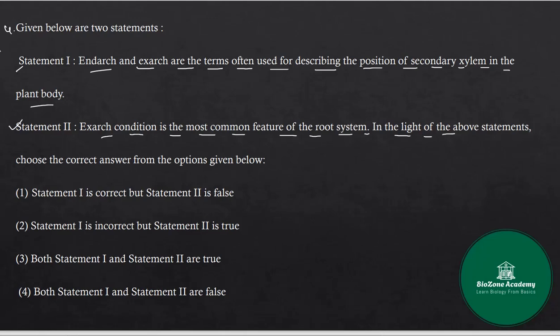In the light of the above statements, choose the correct answer from the options given below. Statement 1 is correct but statement 2 is false; statement 1 is incorrect but statement 2 is true; both statements 1 and 2 are true; both statements 1 and 2 are false. The correct option is statement 1 is incorrect, but statement 2 is correct.